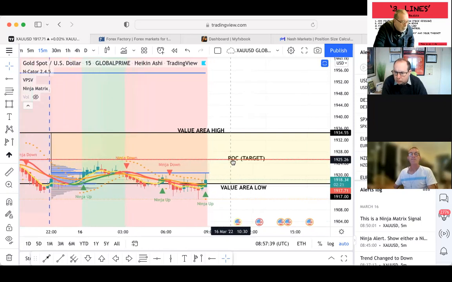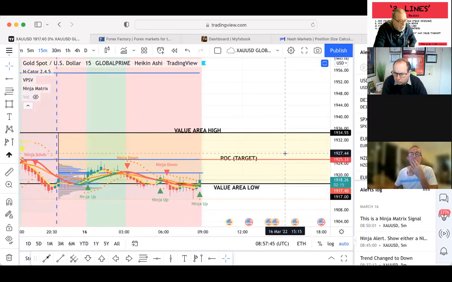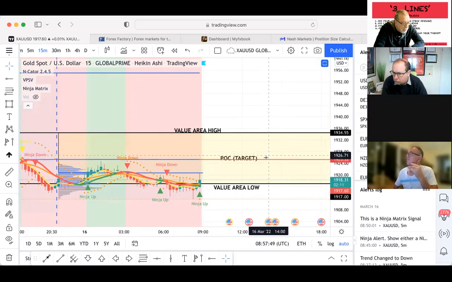There are two other potential targets, because if you stray slightly off the three-line strategy, you might be tempted, if price breaks through this red line, to spot an opportunity to take a buy further up to the value area high.